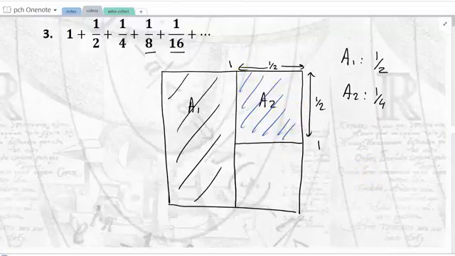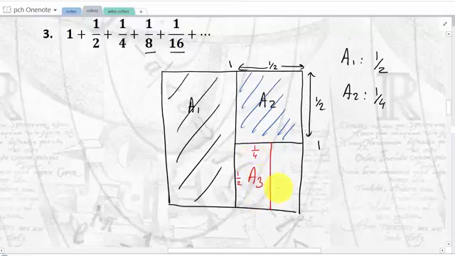I'm going to do the same with the remaining area. I'm going to divide that in 2. So here I have 1/2, and now 1/2 divided by 2, this length, this side is 1/4. So what is A3? Well, A3 is 1/2 times 1/4. So A3 is 1/8.